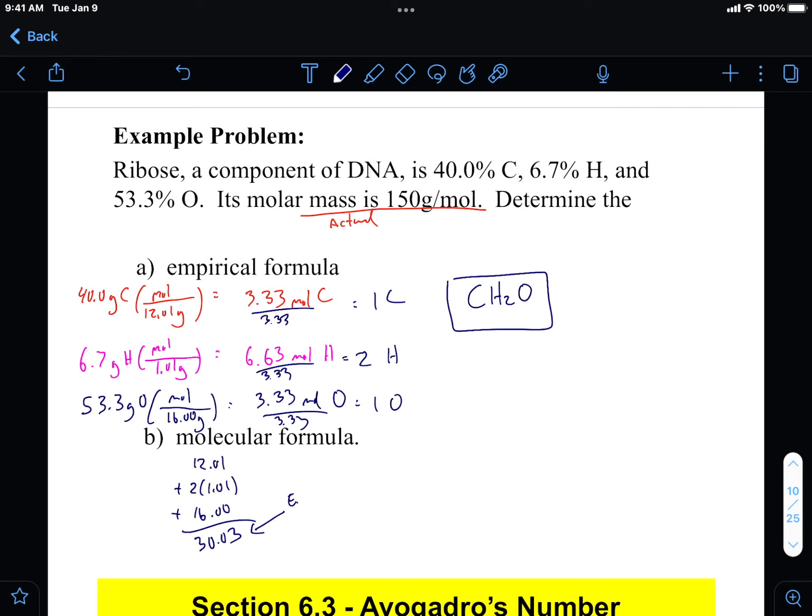This is the empirical molar mass. And the actual molar mass was given to you at the beginning of the problem, 150. So we just take a ratio. 150 over 30 is 5. So therefore, the molecular formula will have 5 times the subscript of the empirical formula. So it's going to be C5H10O5.